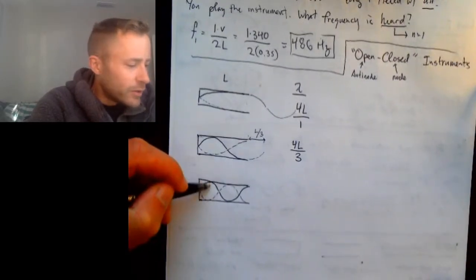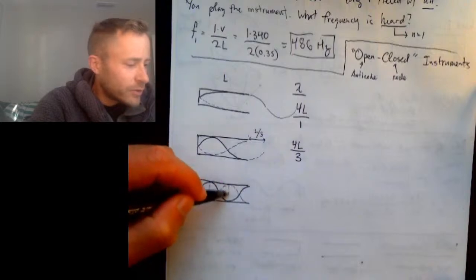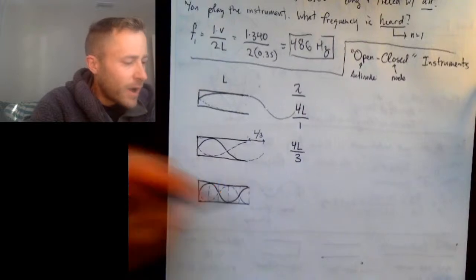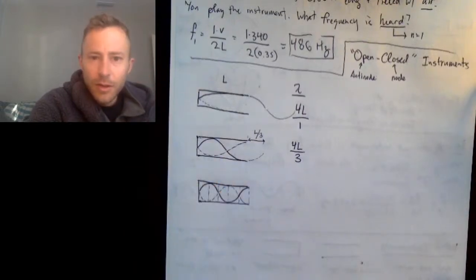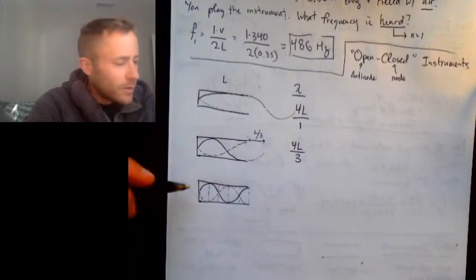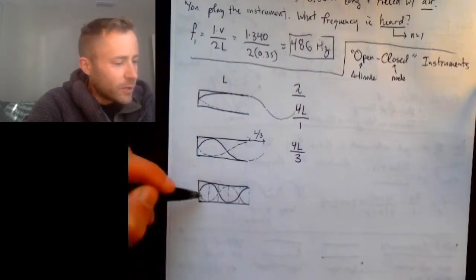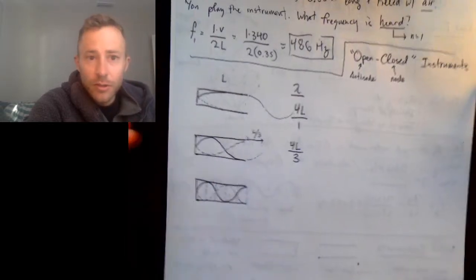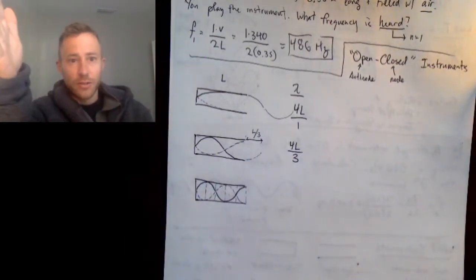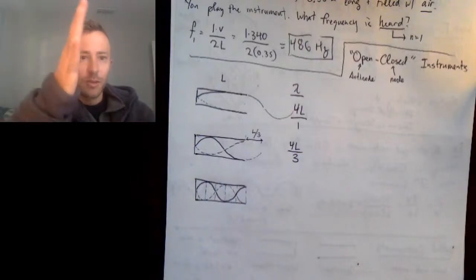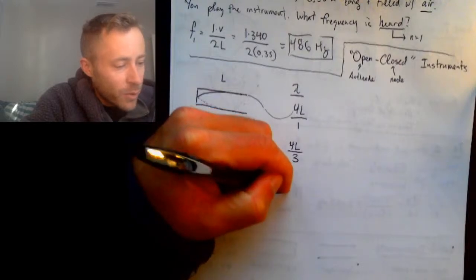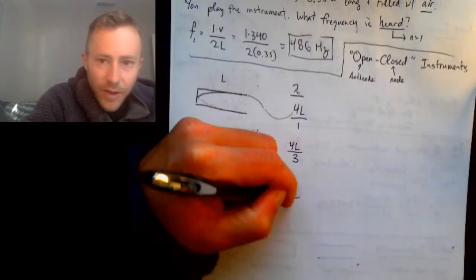I can see that this instrument is naturally divided up into 5 sections of equal size, and a full wave takes up 4 of those sections. So the instrument is divided into 5 sections, and a full wave takes up 4 of those. That means the wavelength is 4L over 5.